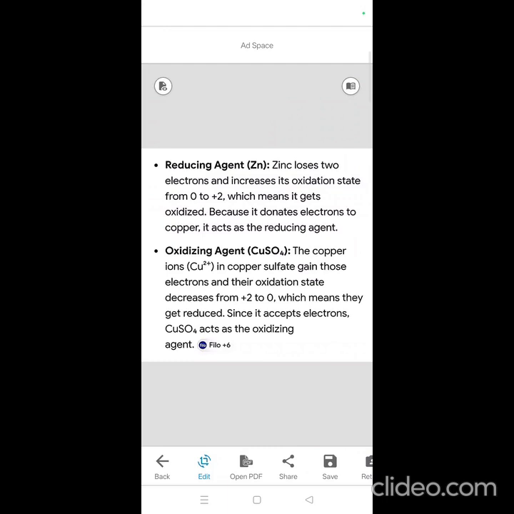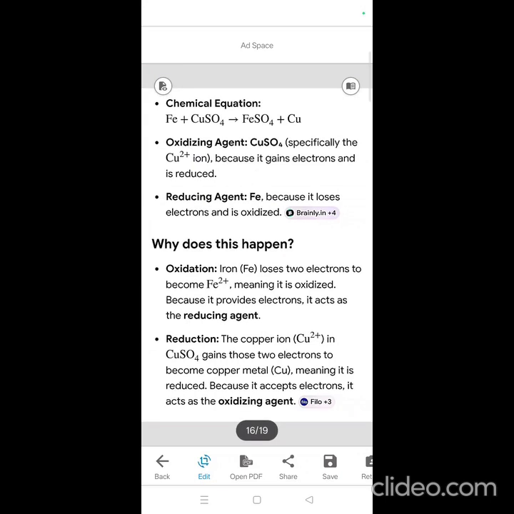Let's take another example. In the reaction Fe plus CuSO4 gives FeSO4 plus Cu, if we write the ionic form, Fe plus Cu2+ gives Fe2+ plus Cu. Here iron loses 2 electrons to form Fe2+. So iron is the donor of electrons, so iron is the reducing agent.